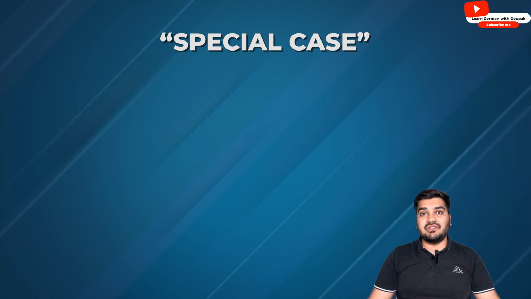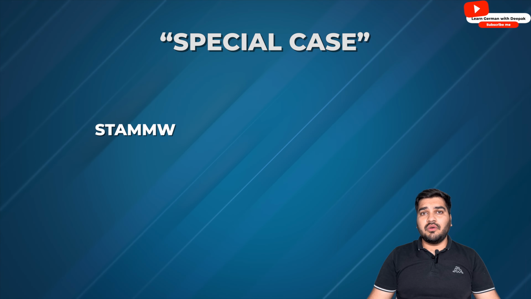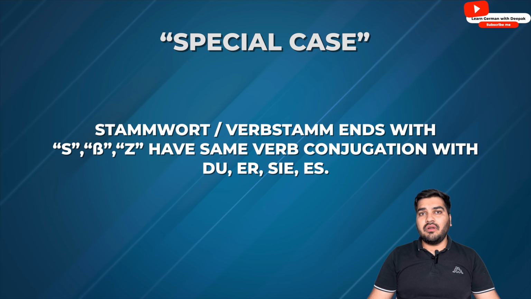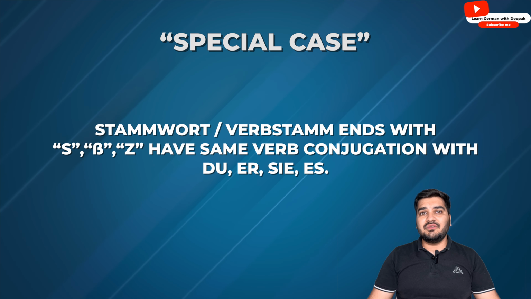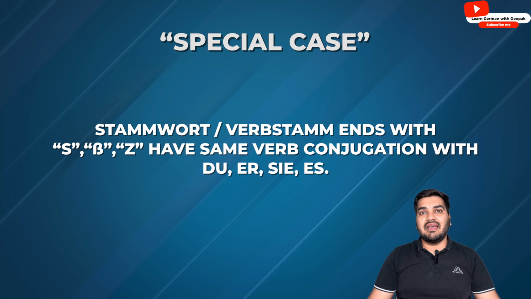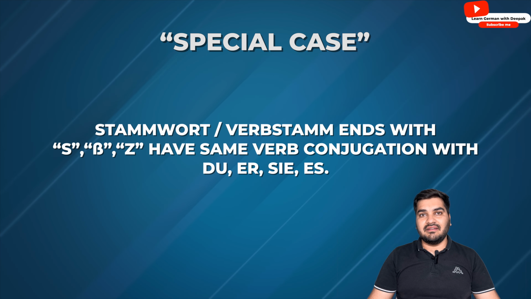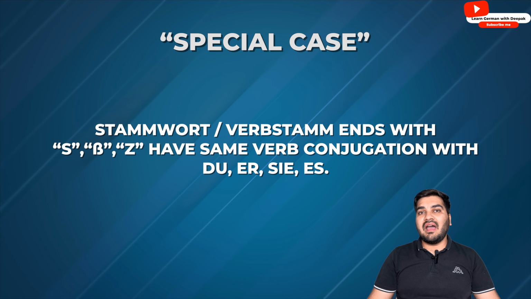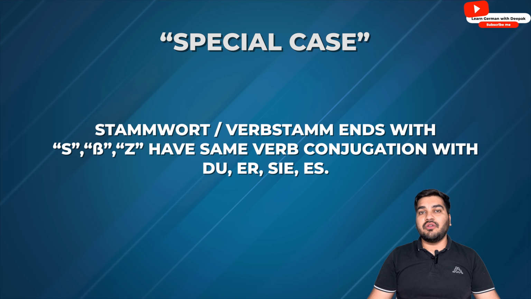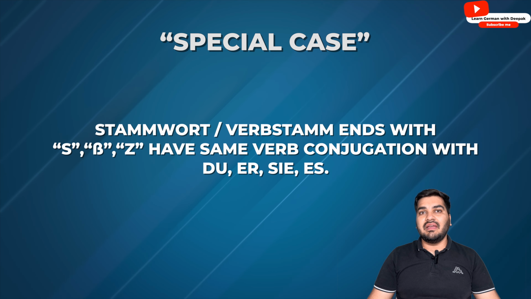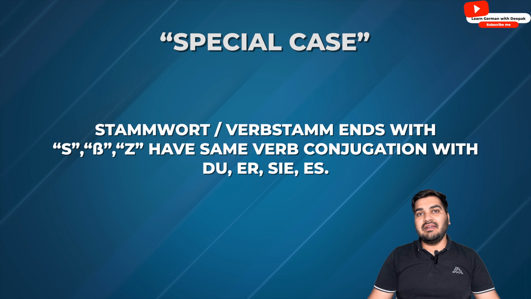Now we have a special case. Those verbs in which the Stammwort, which is the root word, ends with S, ß or Z. We don't have any changes while conjugating it with du, er, sie and es.